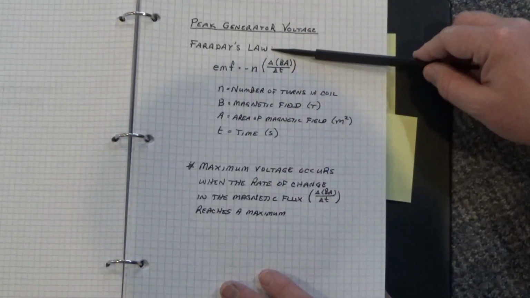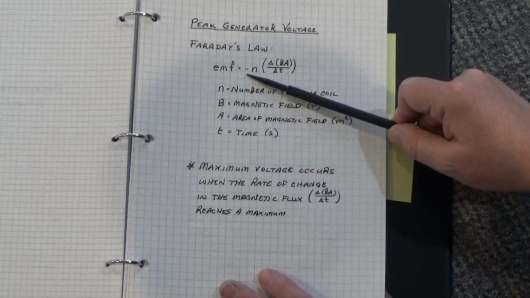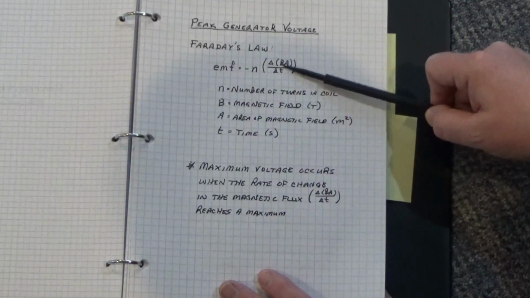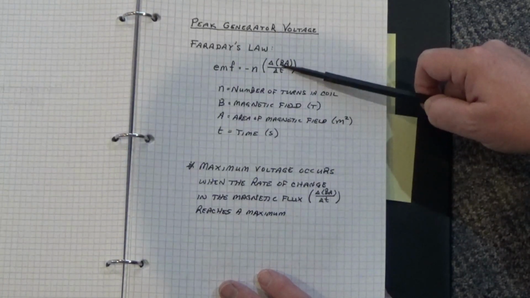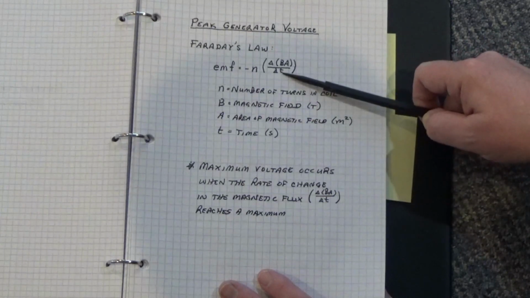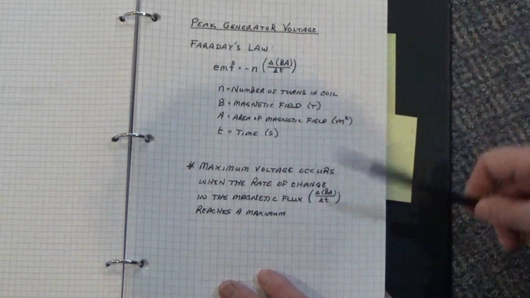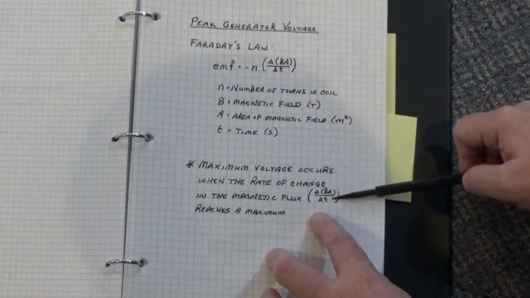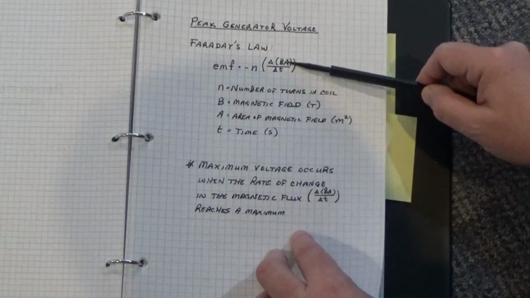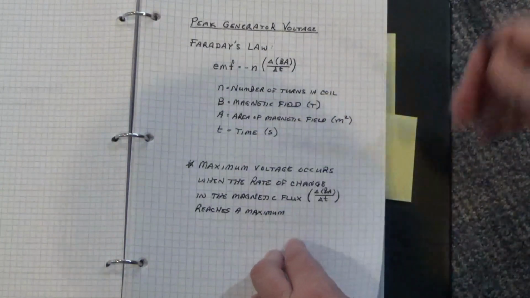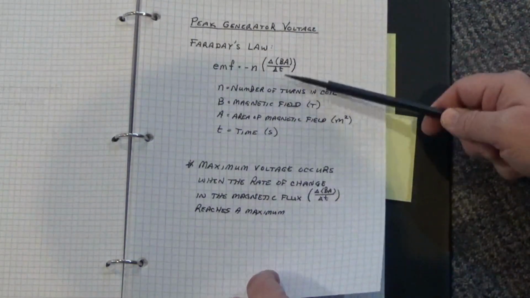I'll start with Faraday's law, EMF equals minus N, change in magnetic flux, that's field times area, divided by change in time. And the maximum voltage will occur when this quantity reaches the maximum, so that when we're changing the magnetic flux at the highest rate.